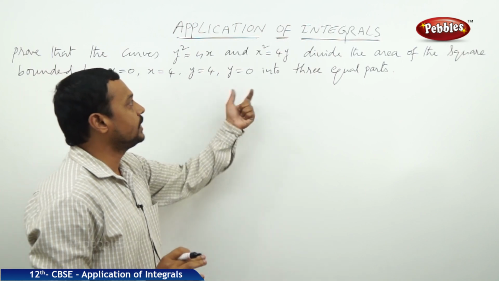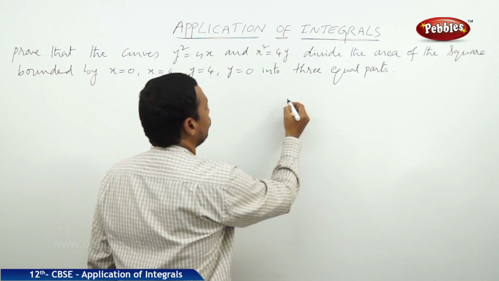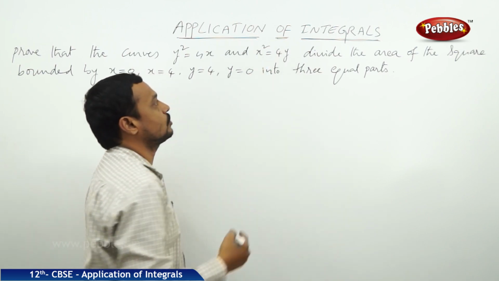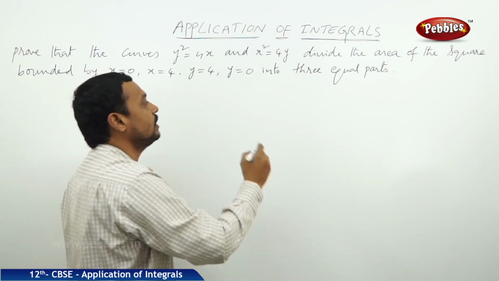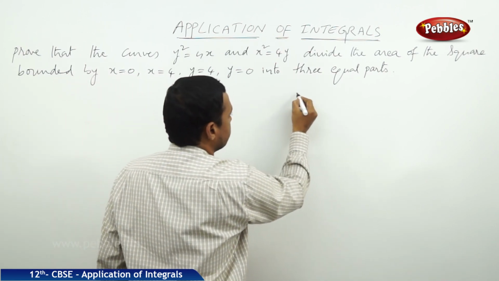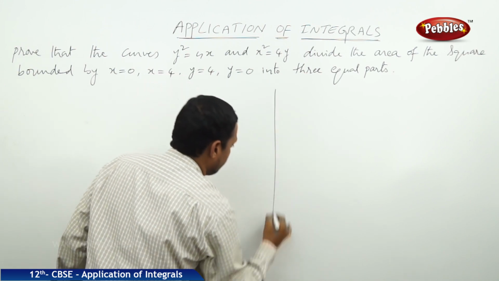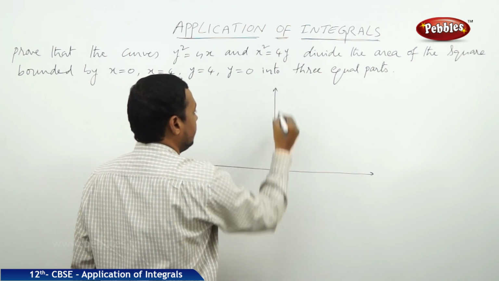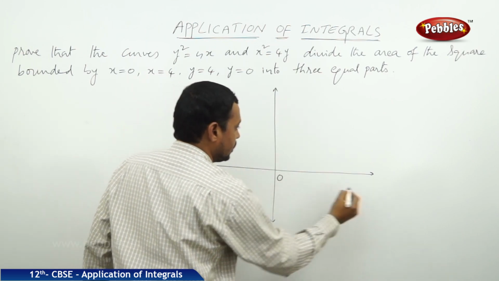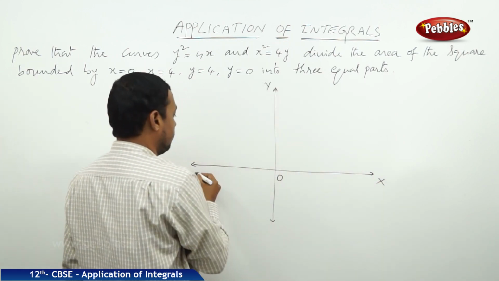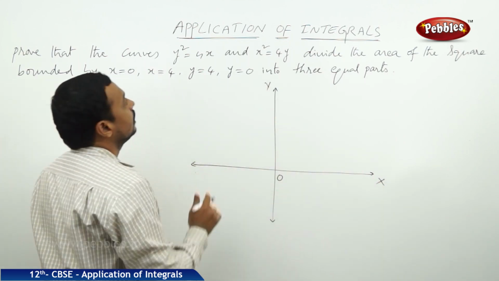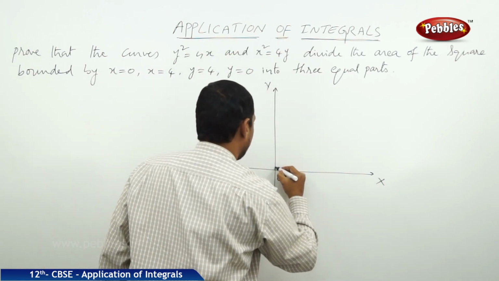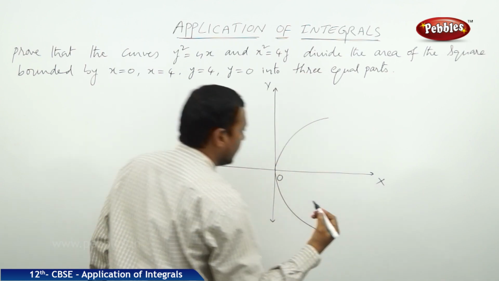Now first of all, let us draw the graph. Y square is equal to 4x is a parabola symmetric about the x-axis. X square is equal to 4y is a parabola symmetric about the y-axis. Now let us take the coordinate axes again: origin, x-axis, y-axis, negative x-axis. Now the y square is equal to 4x graph is a parabola like this.